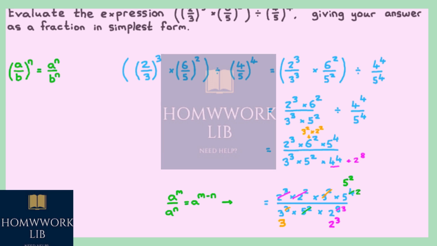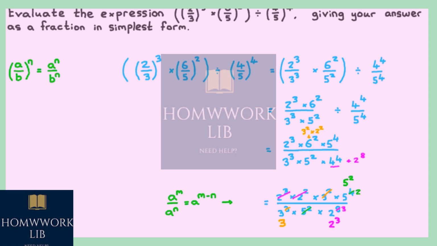We can cancel 5 shared factors of 2 in the numerator and denominator to be left with a factor of 2 cubed in the denominator. Similarly, we can cancel a shared factor of 3 squared in the numerator and denominator to be left with a factor of 3 in the denominator.